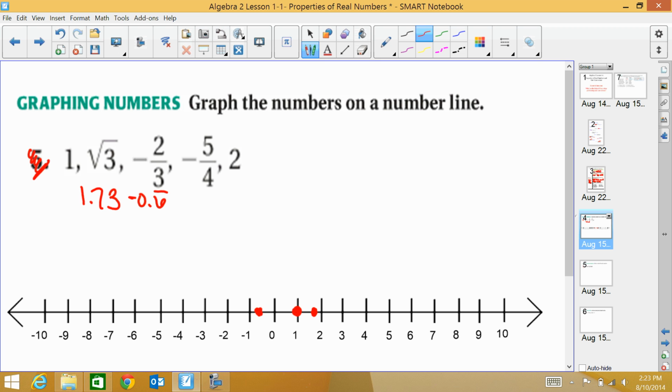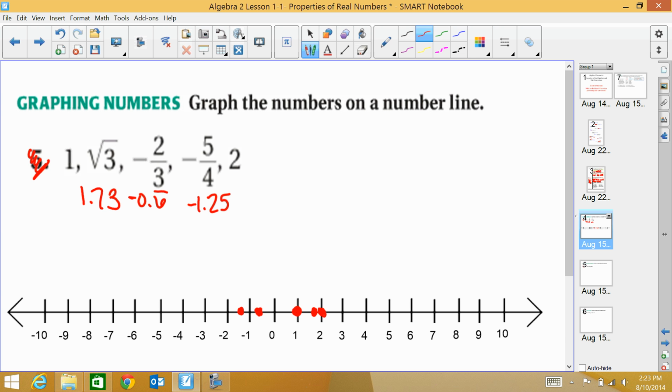Negative 5/4, you can take negative 5 divided by 4 and convert that to a decimal. So we would have negative 1.25. So that would be about here. And then 2, which is right here.